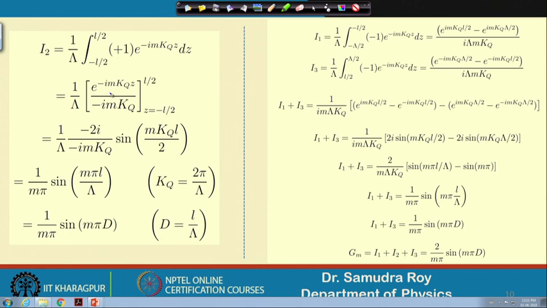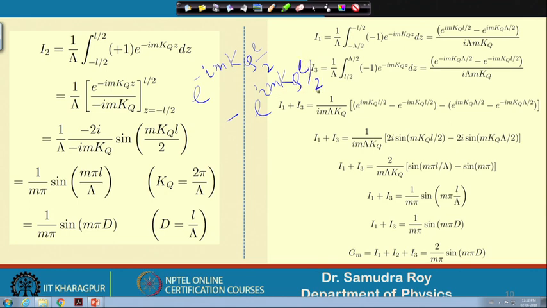Now, if I put these limits here, then we will find e to the power minus i m kz L by 2 minus e to the power i m kz L by 2.